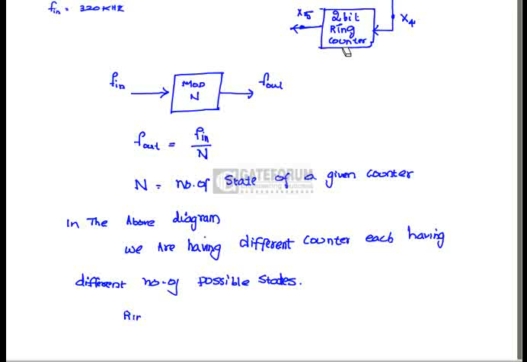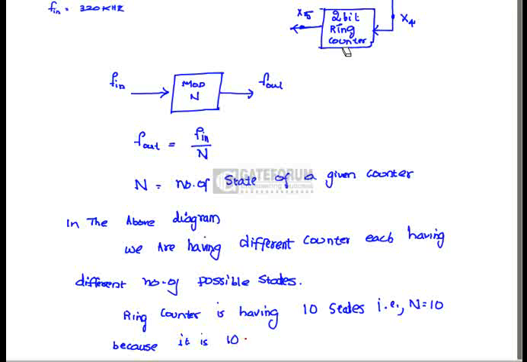Ring counter is having 10 states. That means n equals 10 because it is a 10-bit ring counter.